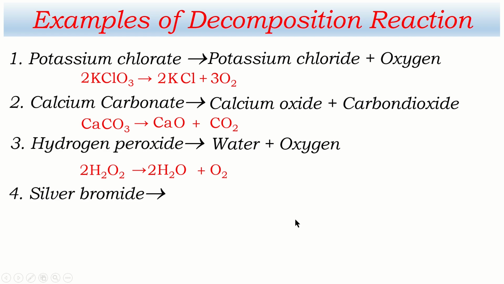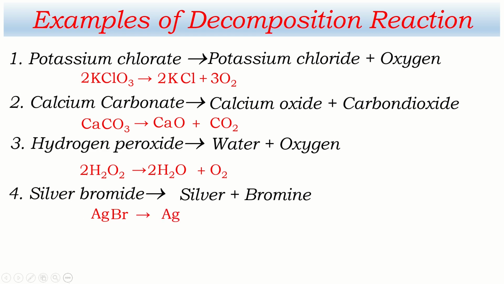Silver bromide. When this compound is heated, we can understand easily that it decomposes into silver and bromine. So we have to write silver plus bromine. Now how to write the balanced chemical equation? Silver Ag, bromide means bromine is combined, Br, and both of them have one valency. That's why we don't have to exchange. And when it decomposes, it forms silver.